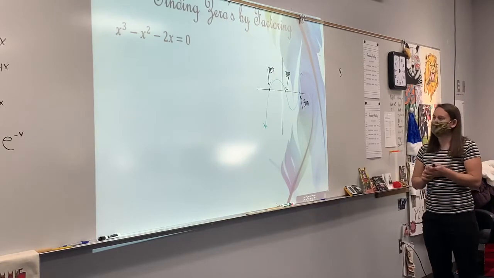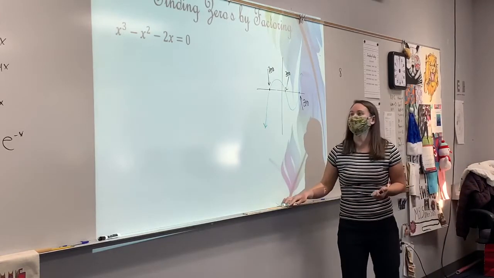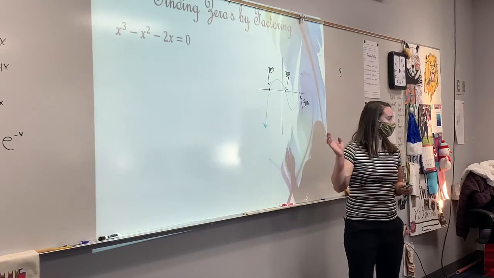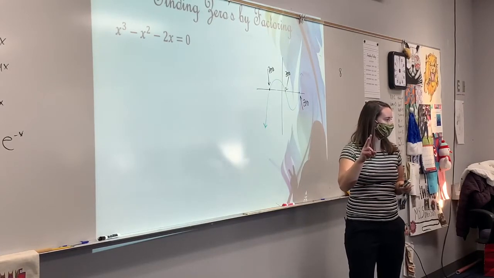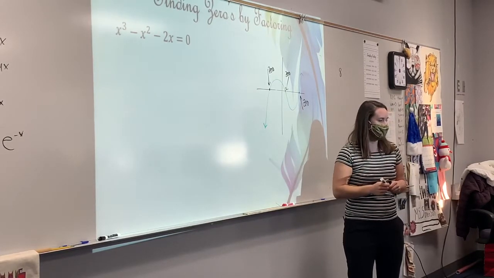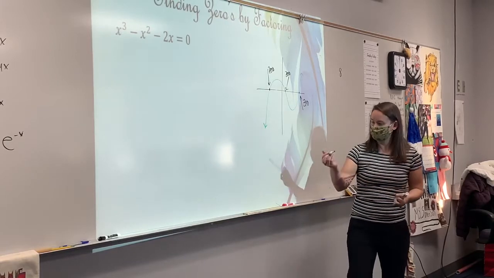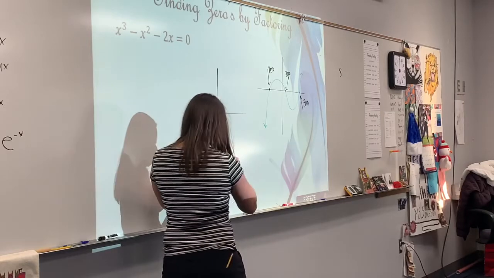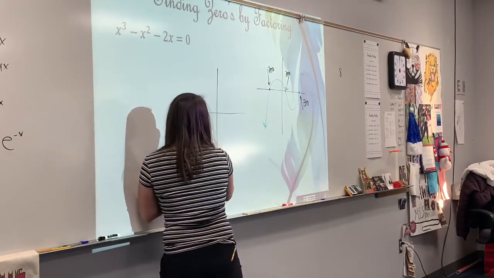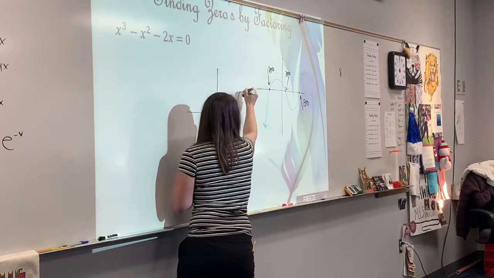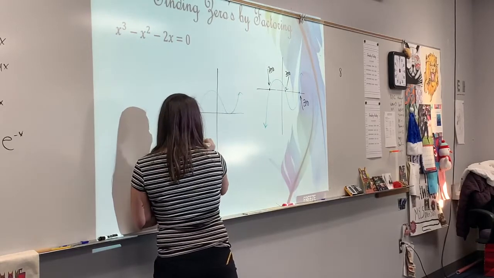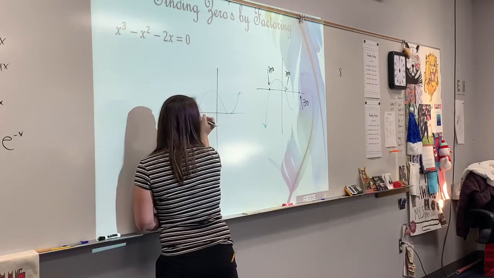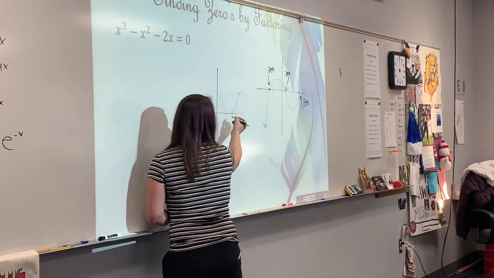Now, we talked about this before. Traditionally, cubics are going to have 3 answers, but can anyone think of a case for a cubic where there would be 2 answers? What about something like this? Here, there'd be only 1 zero here, and then another zero here.